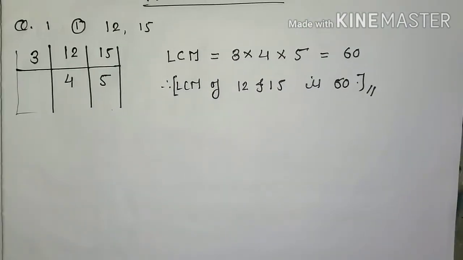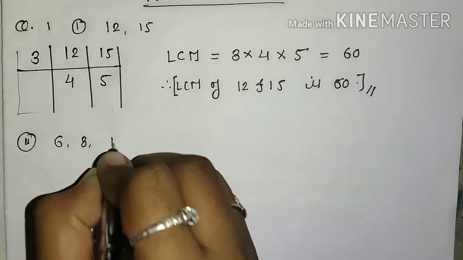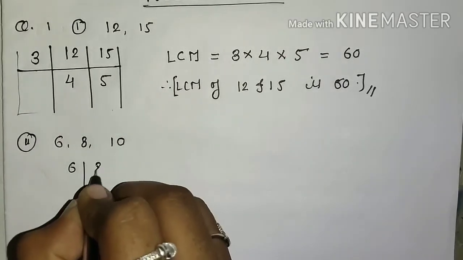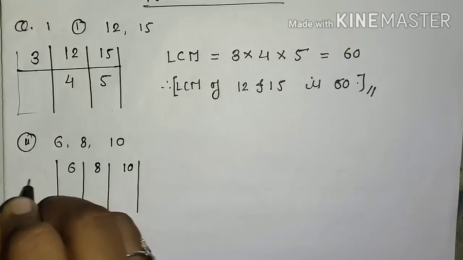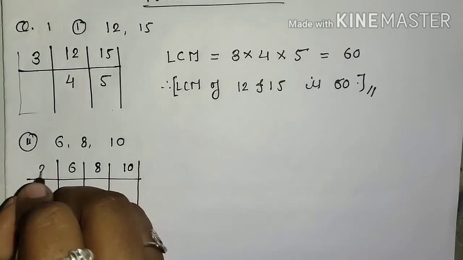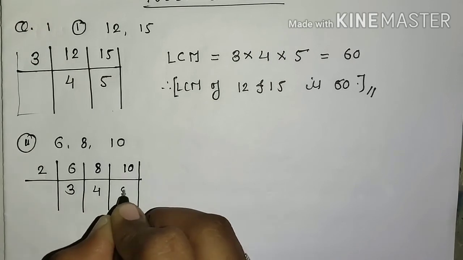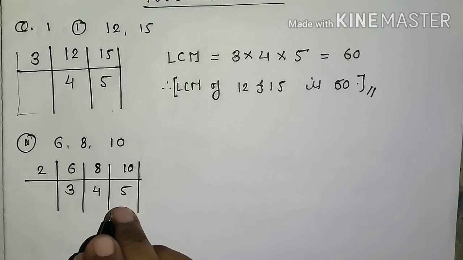Second example, 6, 8 and 10. Let us start. 6, 8 and 10. Here we have the arrangement. Now all these numbers can be divided by 2. 2 3s are 6, 2 4s are 8, 2 5s are 10. Again, all these three numbers cannot be divided by the same number.